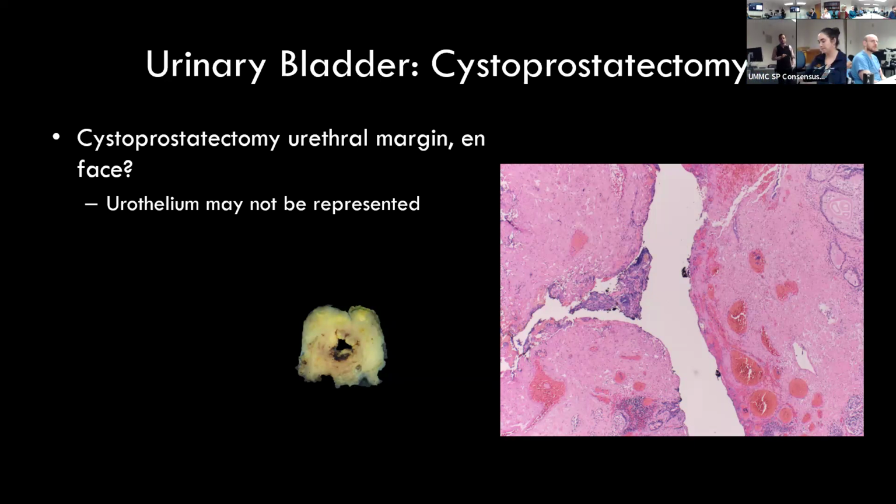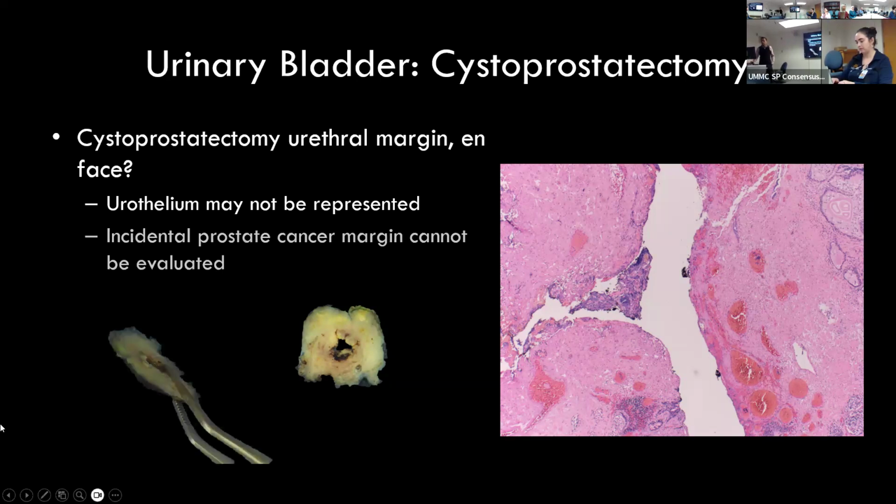Plus, you're doing a gross disservice to the patient if he indeed does have prostate cancer. Because once you submit this en face, if there is prostate cancer at the apex, it's gonna be this thick, right? So you're basically looking at this surface. So what about if cancer is very close to the margin here?